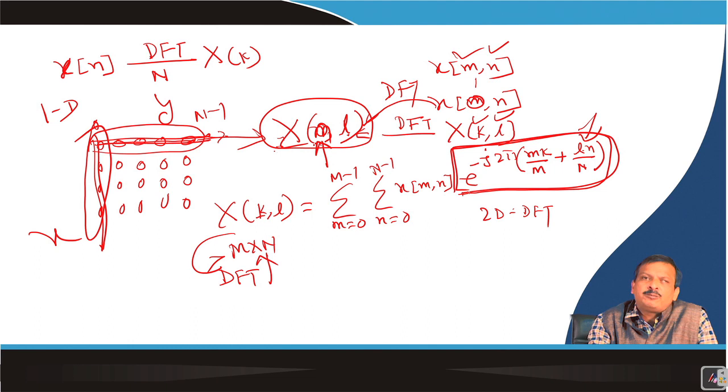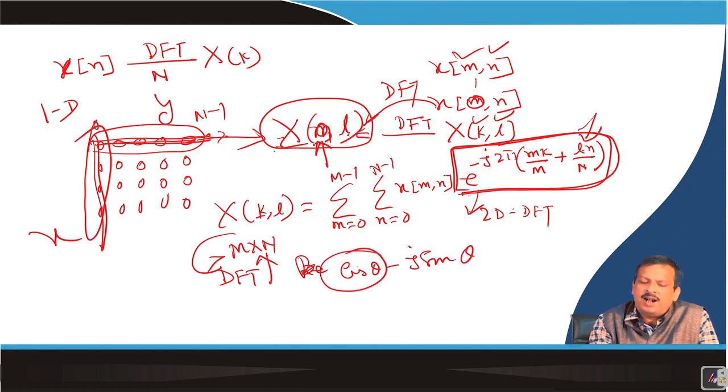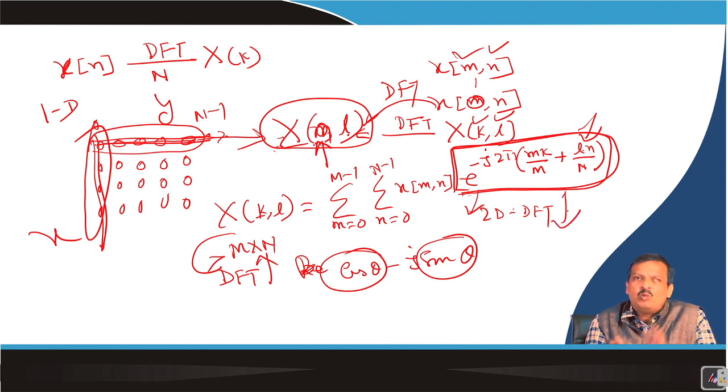Now, this basis function has two parts. You know that e to the power minus j theta is nothing but cos theta minus j sin theta. So, this part is the real part and this part is the imaginary part. So, the basis function has a real part and an imaginary part.